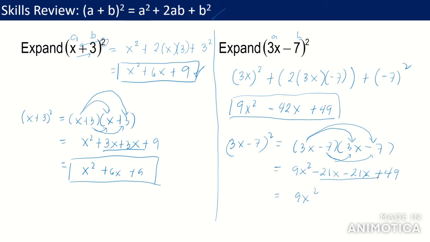They're both negative, so we're going to add them, then copy the common sign, which is negative. 21x plus 21x is equal to 42x, plus 49. So still we arrive at the same answer, and I recommend you use this rather than the other because the process is quite lengthy.